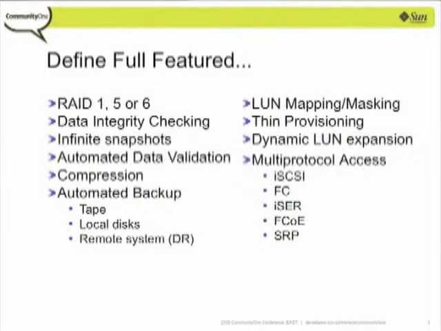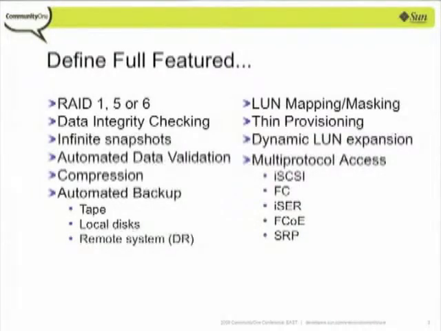Infinite snapshots, take as many as you want, as often as you want. Automated data validation, in other words, preventing bit rot, so you can go out and check your bits on disk and verify that they're in good shape. You get compression, automated backup using interfaces through ZFS. You can do that locally, remotely, or to tape.